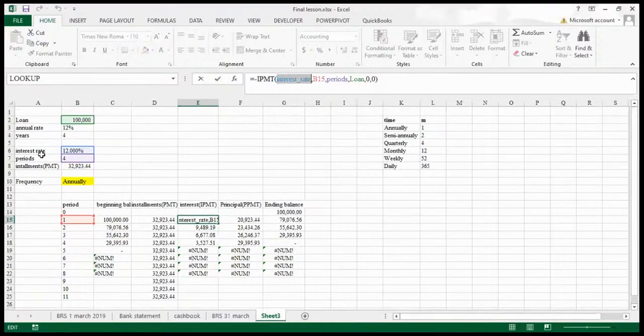It is the interest rate that we automated down here. Period is period 1 here, comma. The number of periods now is this which we add here. Present value is the loan amount. Future value is 0. Then the type, are we going to pay it at the beginning or at the end? It is at the end, and therefore at the end of the period is represented by 0.